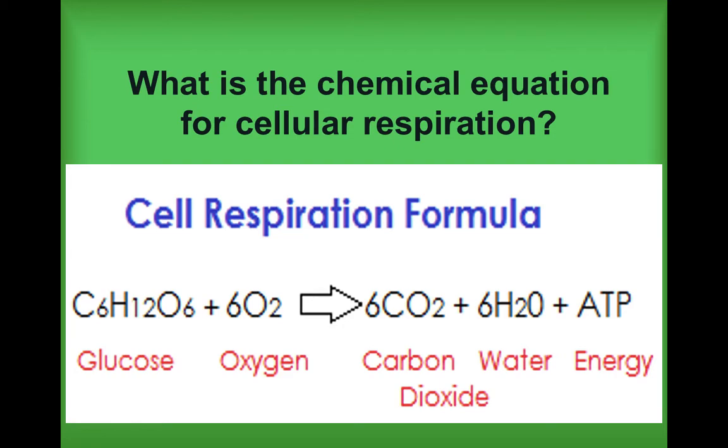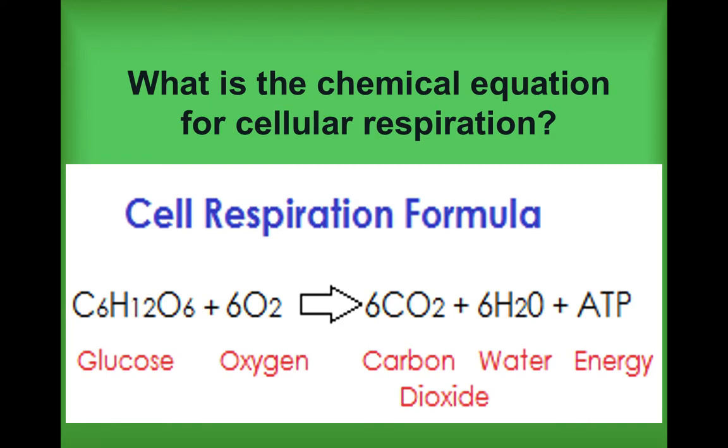In cellular respiration, our reactants, what the mitochondria is going to need, are glucose and oxygen, which react together and end up producing carbon dioxide, water, and of course our energy. We're not making solar energy, so we are still making an energy, but this time it's ATP.